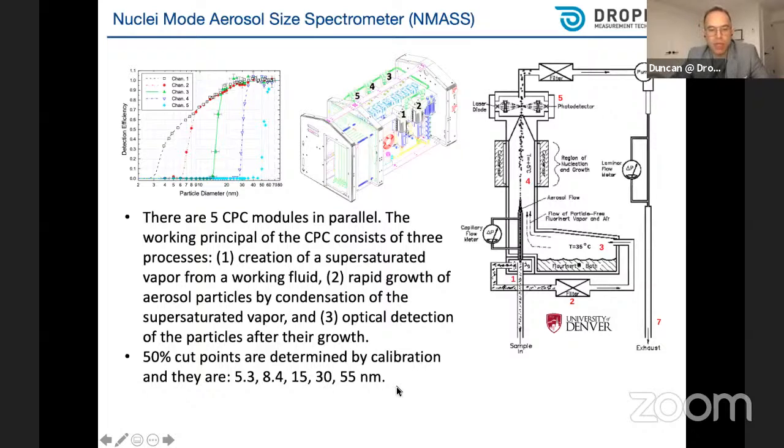Apologies, these are all nanometers. So we can measure aerosol particles down to 3 nanometers up to about 100 by having these condensation particle counters in parallel.